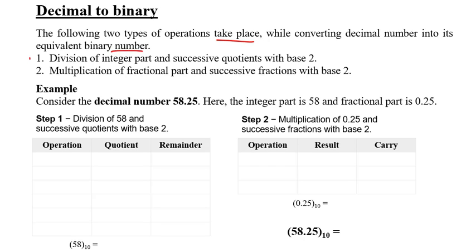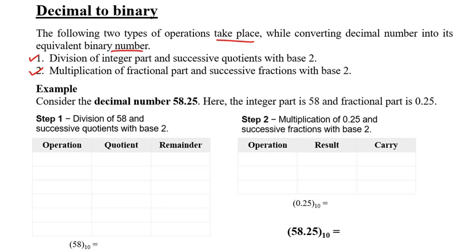In the first, division of the integer part and successive quotients by 2. This is the procedure to convert the integer part into base 2. In the second step, multiplication of the fractional part and successive fractions by base 2. The second step is used to convert the decimal fraction into the binary number system.